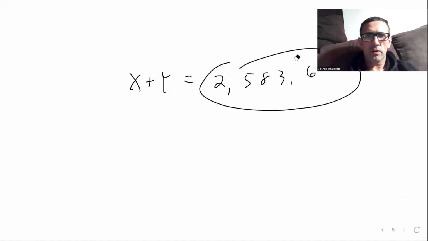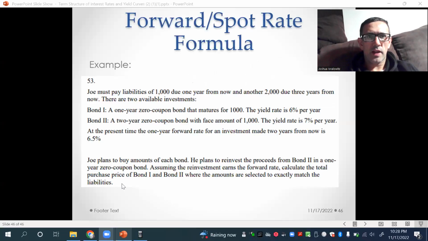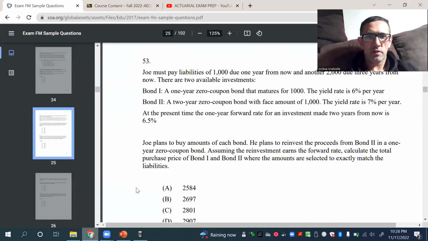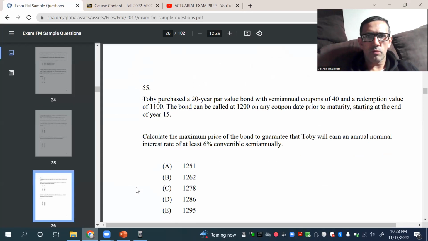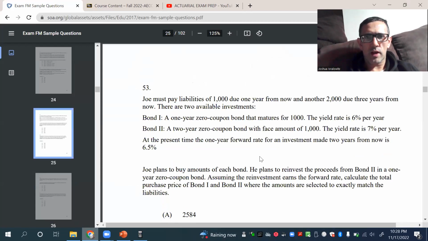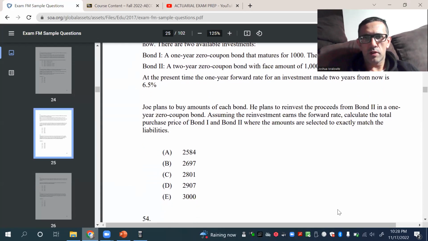Let's hope that's somewhere in the answer choices. Sorry, having some trouble here with the digital pen. Let's go back and check that this is somewhere here. It's here when you round up to 2584. So this is going to be A. 2583.66 rounds up to 2584.